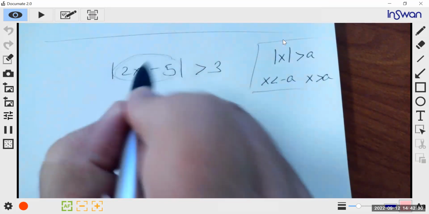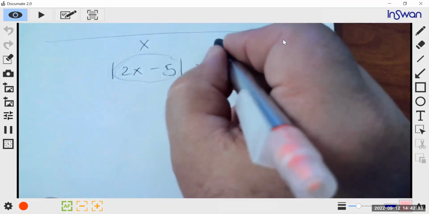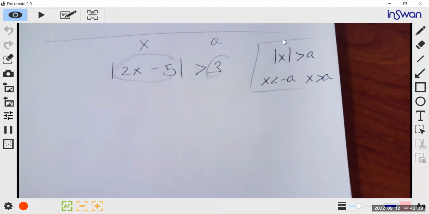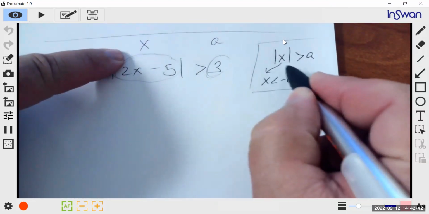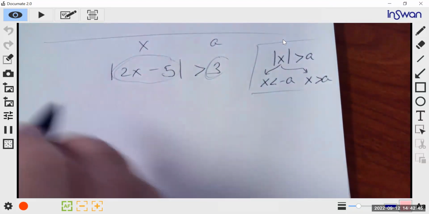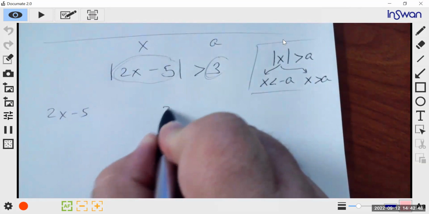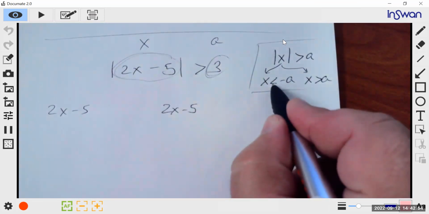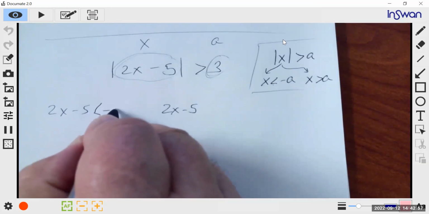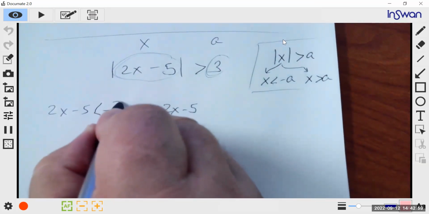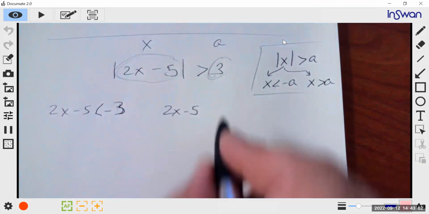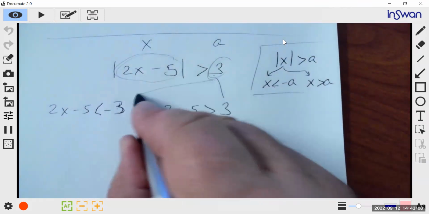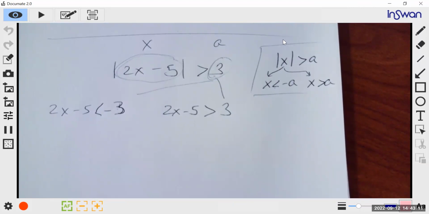This number here is our x. This number here is our a in this equation. So whatever's inside the absolute values goes down first. On the negative side, it's less than. Has to be 3. So whatever this is, 3. And it's greater than on the positive side. Whatever this is, it goes there. That's your a.